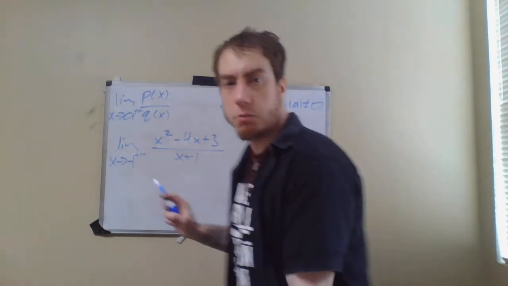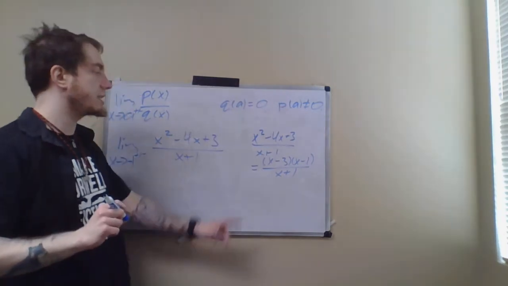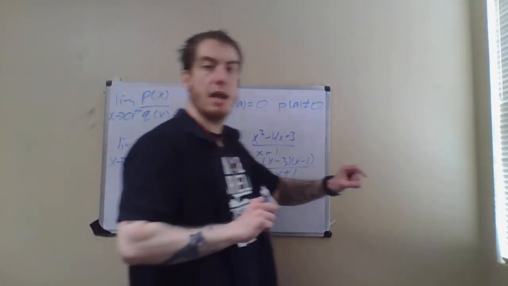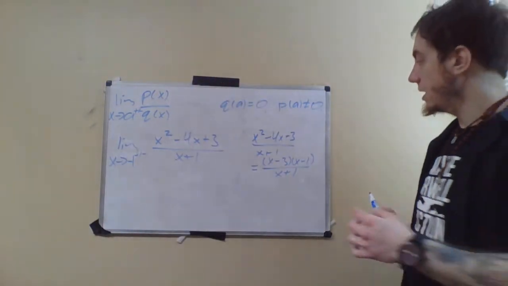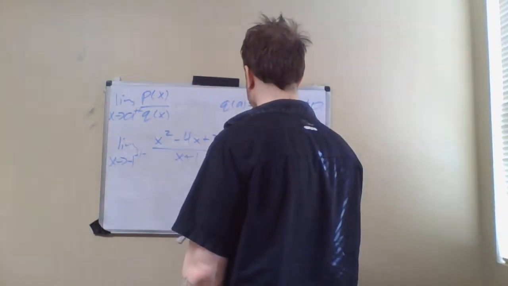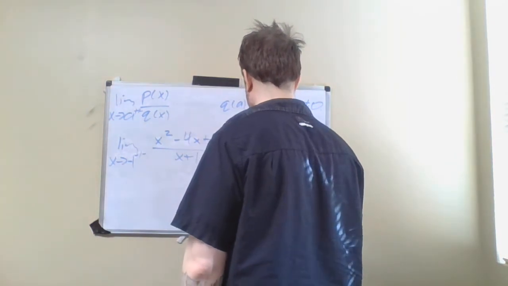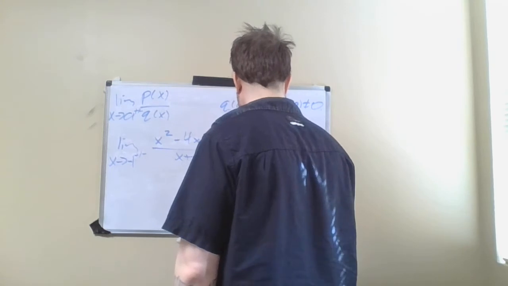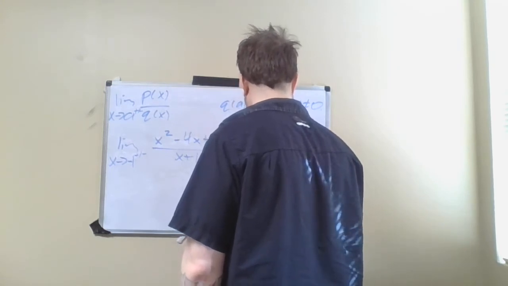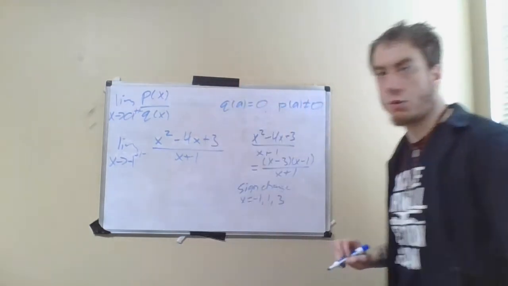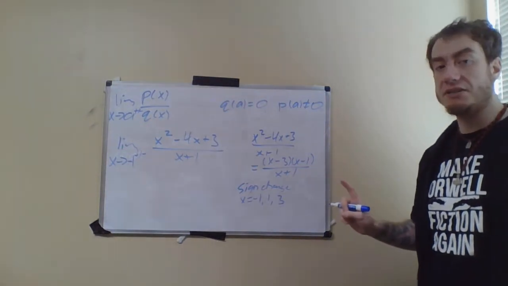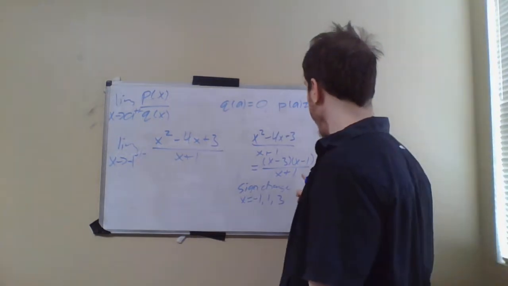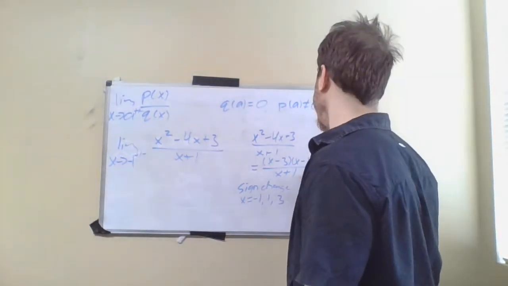Well, remember, a rational function can only change signs when the numerator or the denominator have roots. So this is going to change signs at x equals negative 1, x equals positive 1, and x equals 3. Those are the only places that this thing is allowed to change signs.